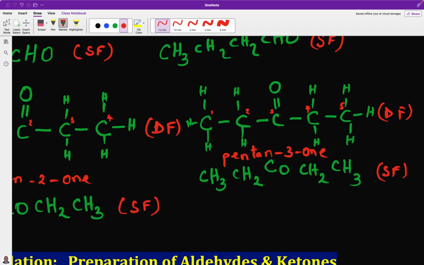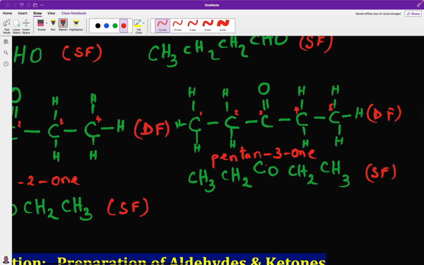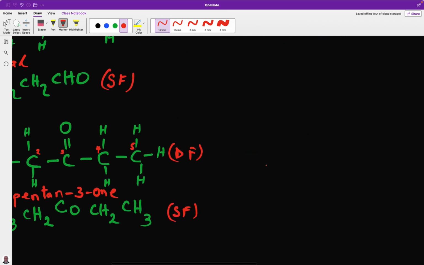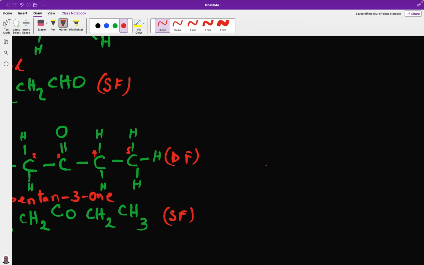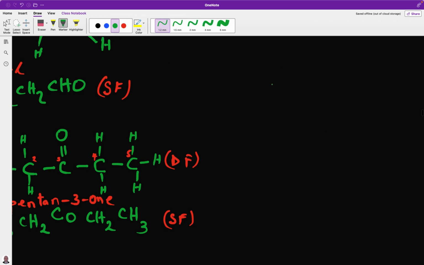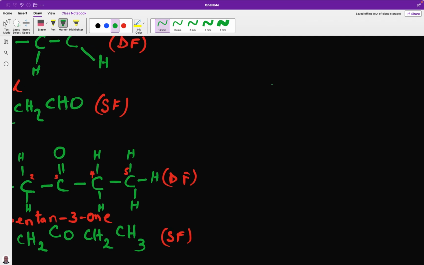Another example of an aldehyde, let's give another example for aldehydes, let me say 2-methyl butanal.